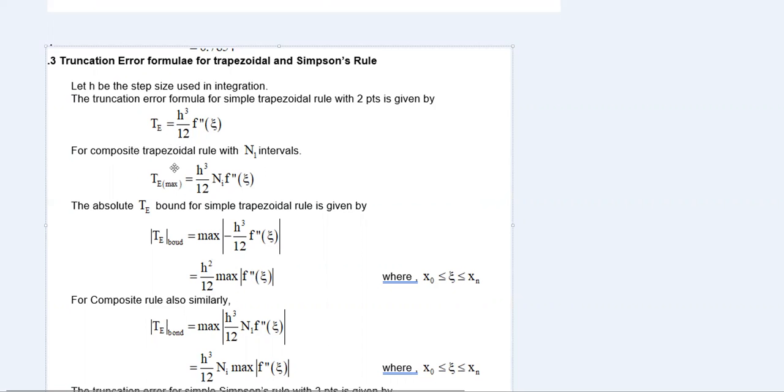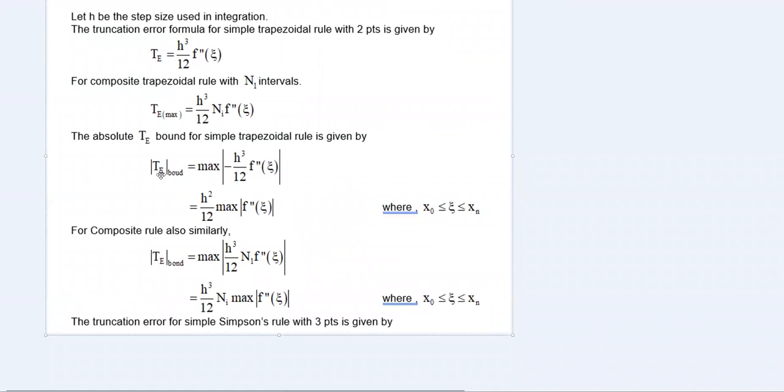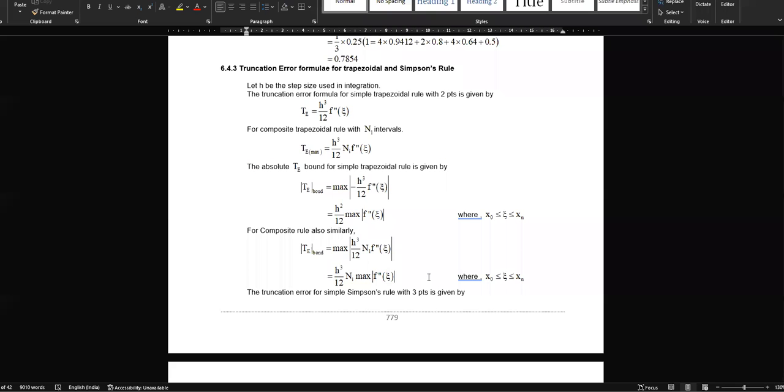Now for the composite trapezoidal rule with n intervals, we will not go into it. In any case, the absolute error for the simple trapezoidal rule is given by the maximum of the modulus of this expression throughout. So this is the truncation error of the trapezoidal rule.